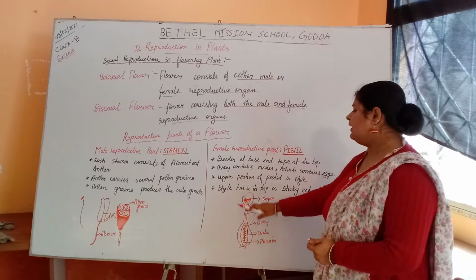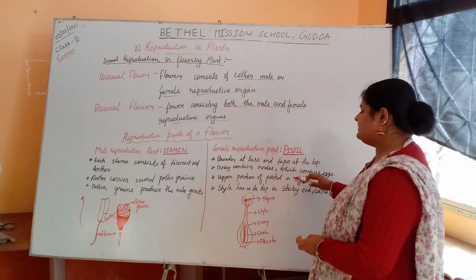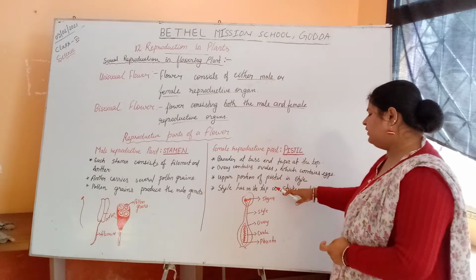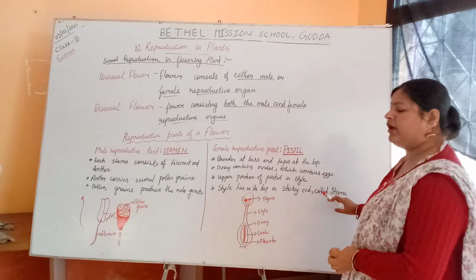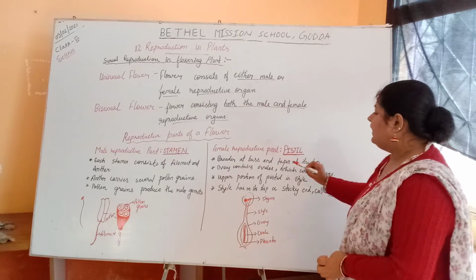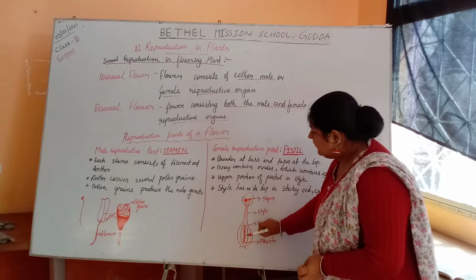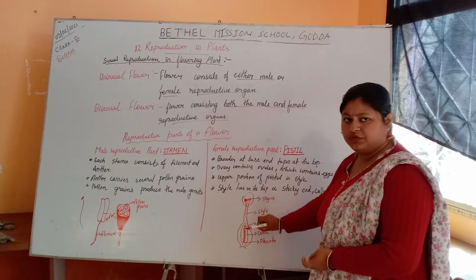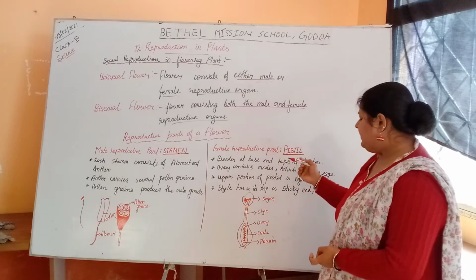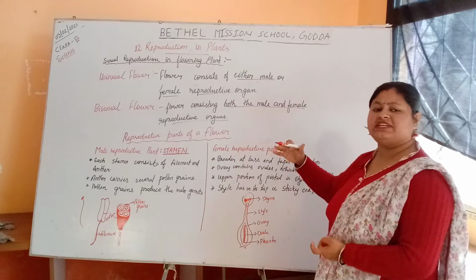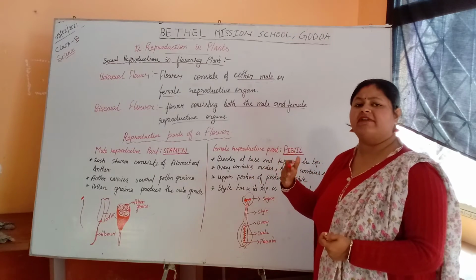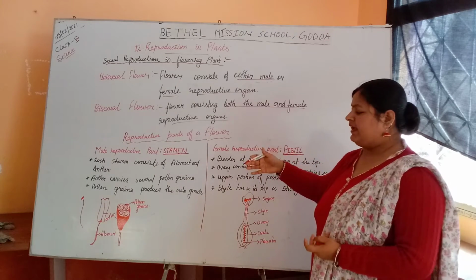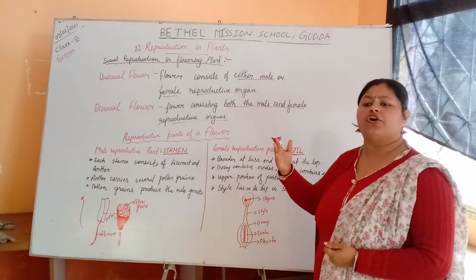The upper portion of the pistil is the style, and the style has its own sticky tip called the stigma. Now this is the ovary. This ovary contains ovules, and the ovule helps in the fertilization of the male gamete and the female gamete, and the zygote forms.